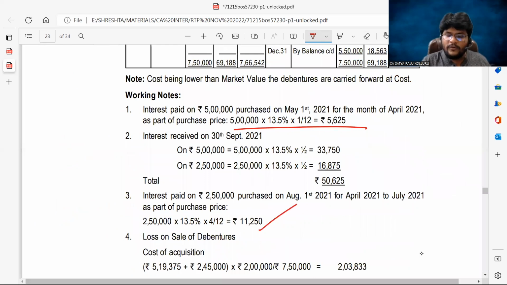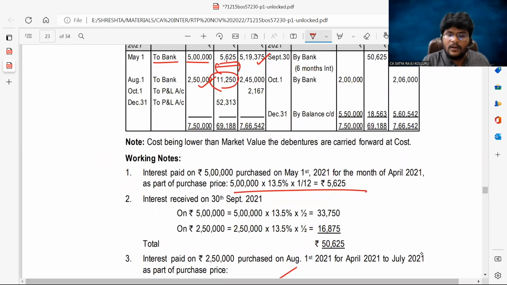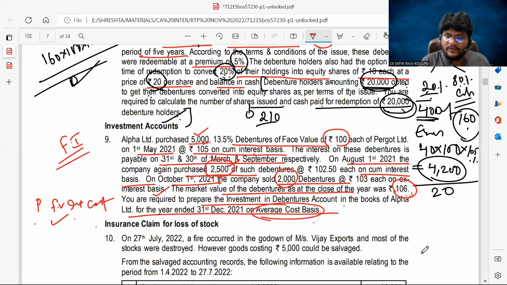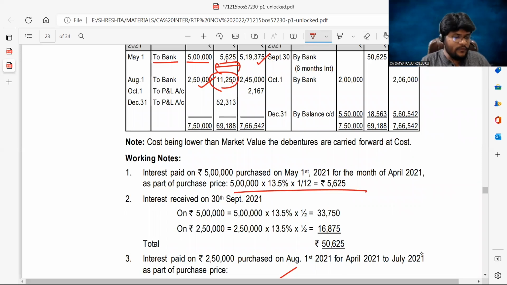Here it was worked out, which was 11,250. Now again, the given quotation price. So 2,500 into 102.5 minus interest component 11,250. So 2,45,000 is the cost of investment.